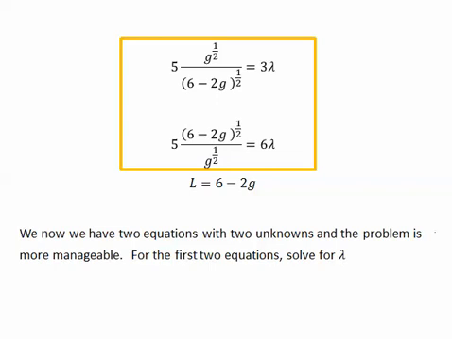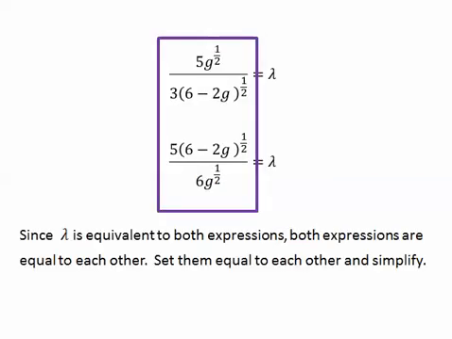So what I'm going to do, and again there are different ways to handle 2 equations, 2 unknowns, but looking at these 2 equations, it looks like the easiest thing for me to do will be to solve for lambda in each equation. After I solve for lambda in each equation, then I can have those 2 expressions equal to each other.